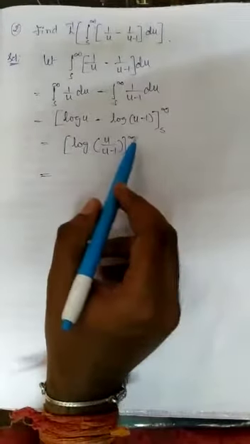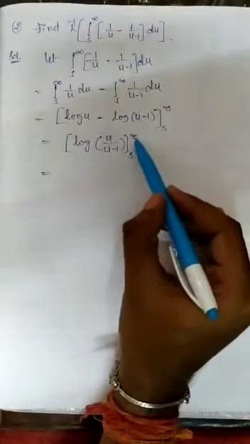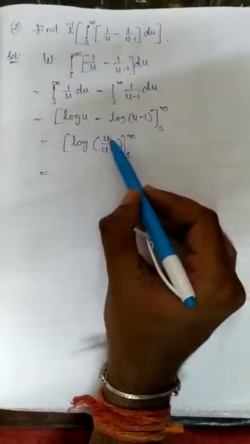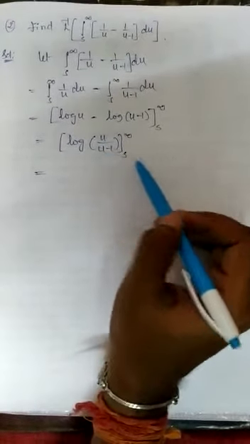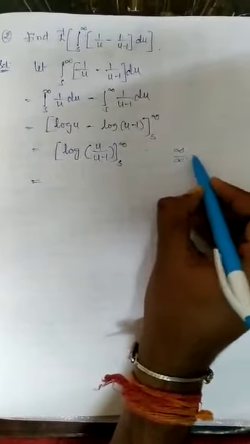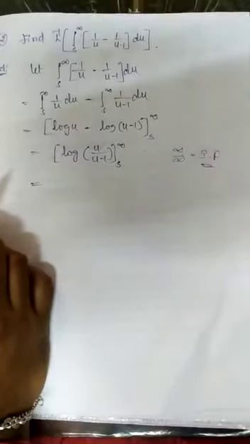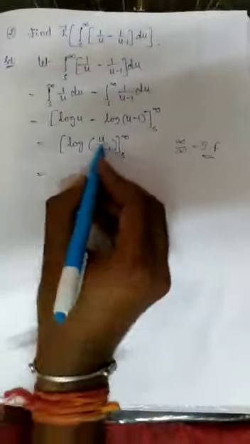If you apply the upper limit, observe carefully here, in place of u, infinity by infinity minus 1 is nothing but infinity by infinity, so you will get an indeterminate form. So then how to solve this one?